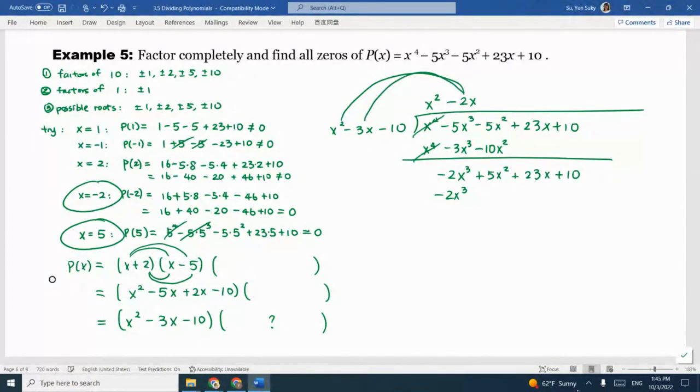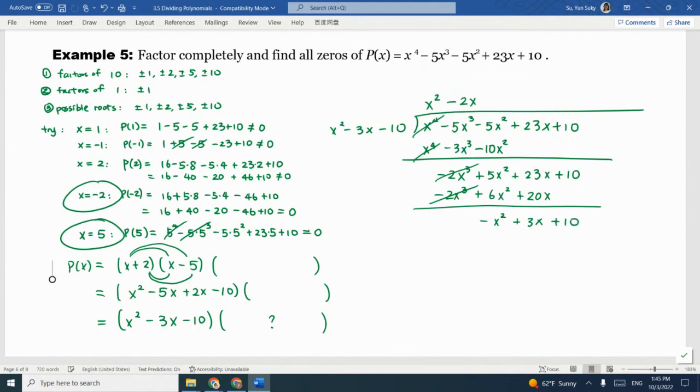Multiply that, what? Positive 6x squared. And multiply by that, we get positive, is it 20x? Yep. Okay, first line subtract the second line. 5x squared minus 6x squared. Yeah, negative x squared. 23x minus 20x, 3x.